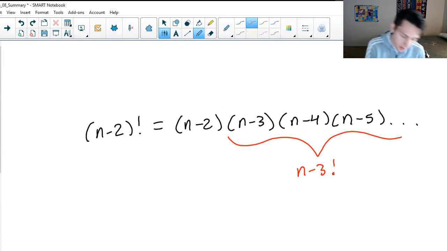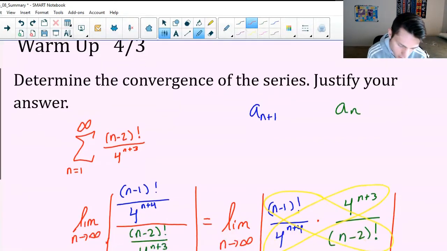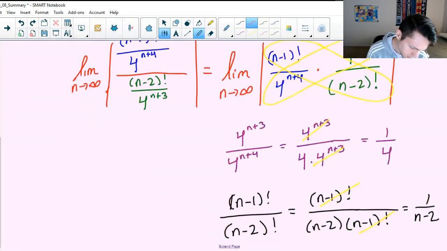Because n minus 3 factorial is just n minus 3 times 1 less than n minus 3 times 1 less than that times 1 less than that times 1 less than that. So actually, thank you for bringing that to my attention accidentally. Okay, let me start this fresh.